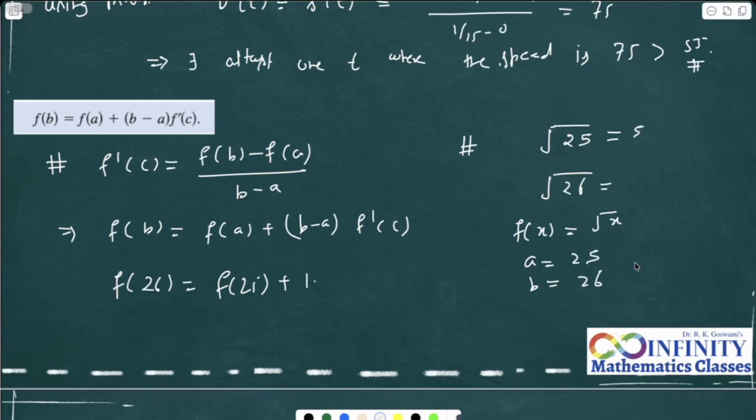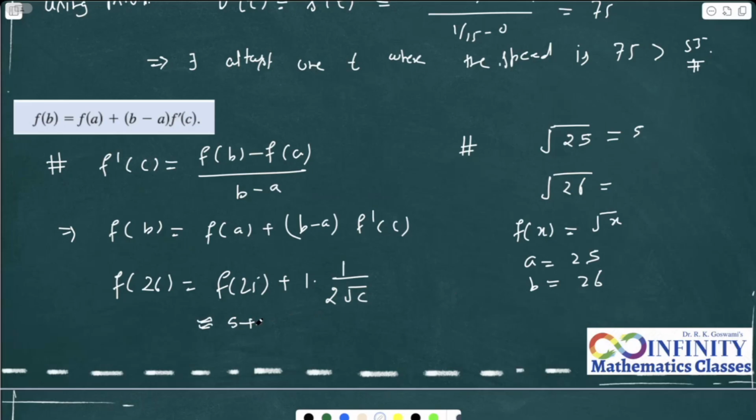C is going to be between 25 and 26. What is the derivative of this function? It is going to be 1 over 2 square root of C. I do not have the value of square root of C, so I cannot give you the exact answer.